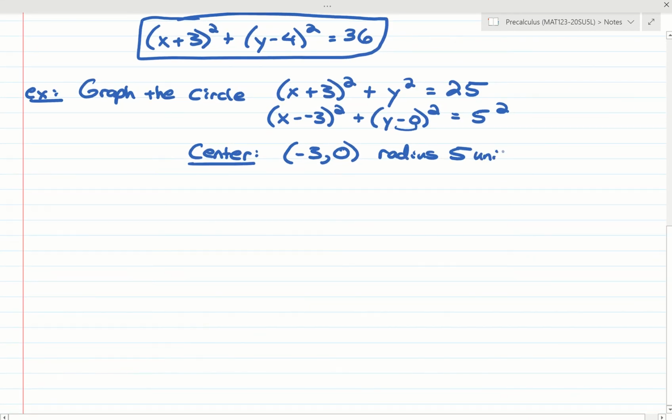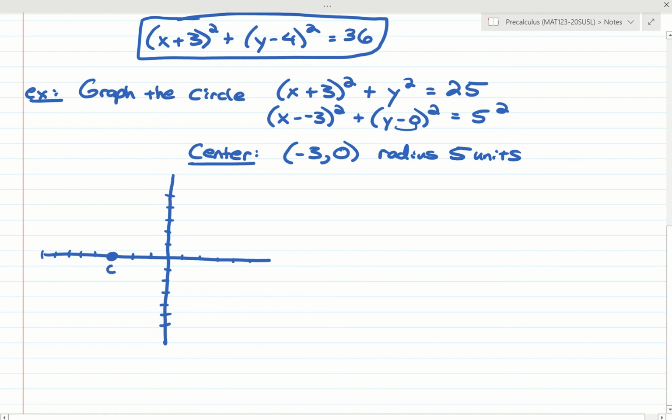So prepare yourself for a terrible drawing of a circle. The center would be at (-3, 0), and we're actually going to go 5 units up, down, left, and right. That's how we draw circles. So (-3, 0) is right here, that's our center.